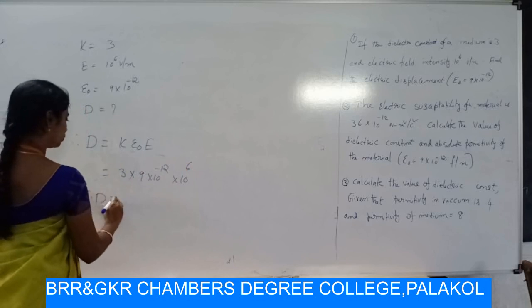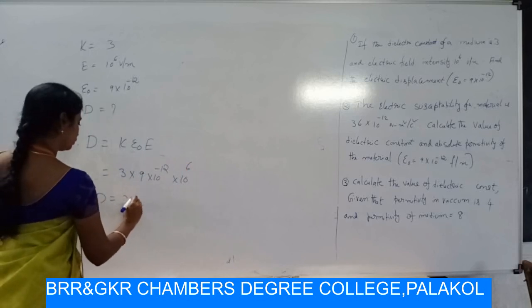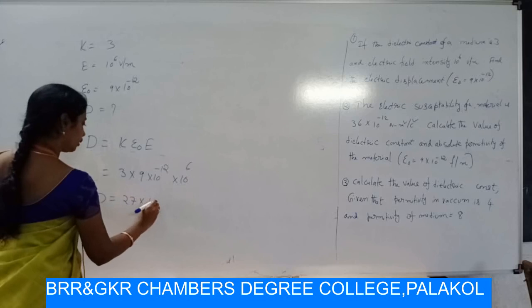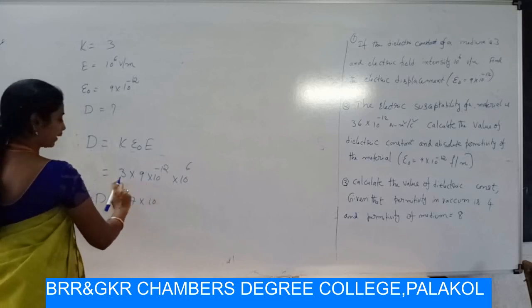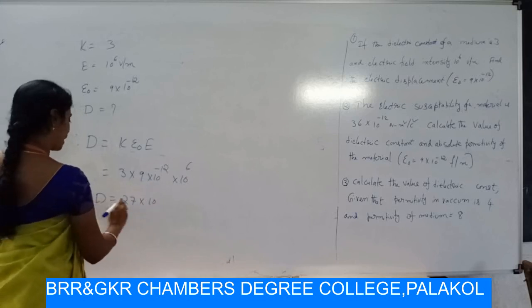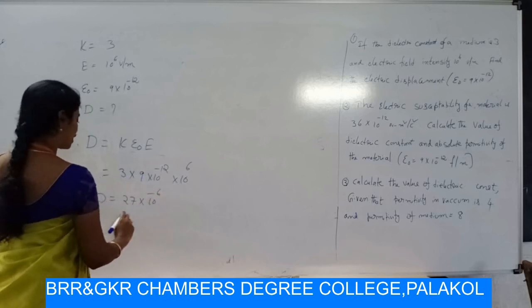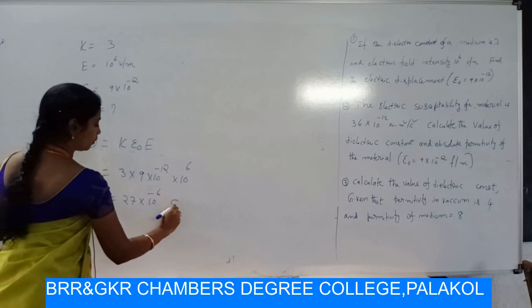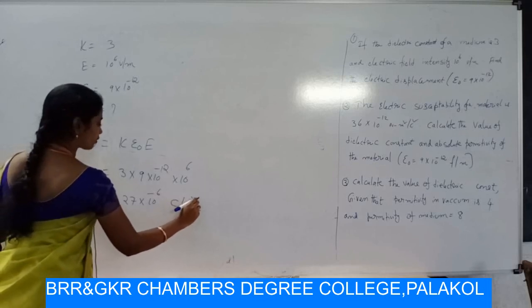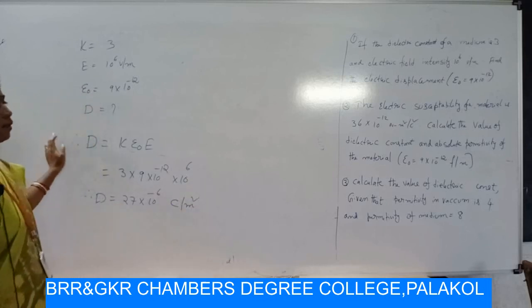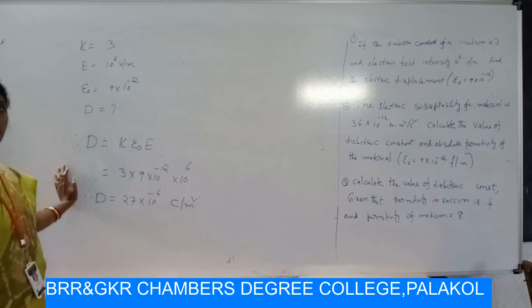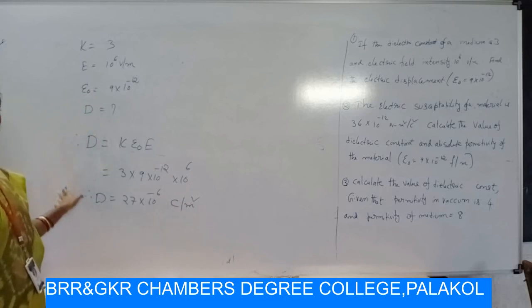Therefore, by multiplying these values, we have D as 27 into 10 to the power of minus 6. The unit for electric displacement is coulomb per meter square. This is our first problem. I hope you are following.